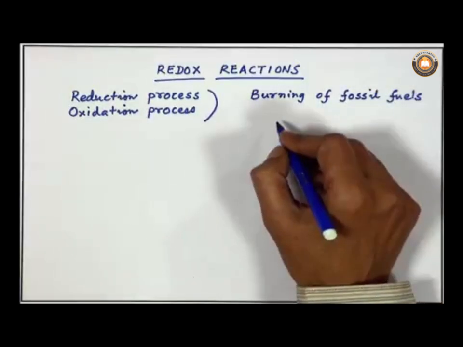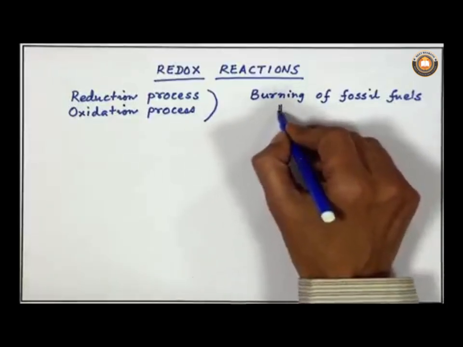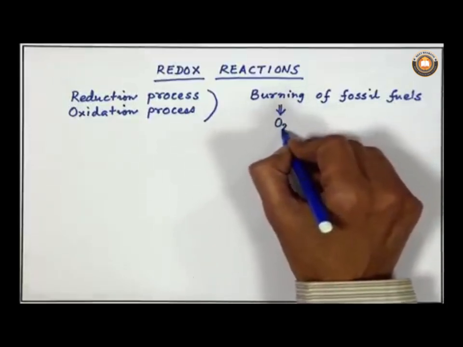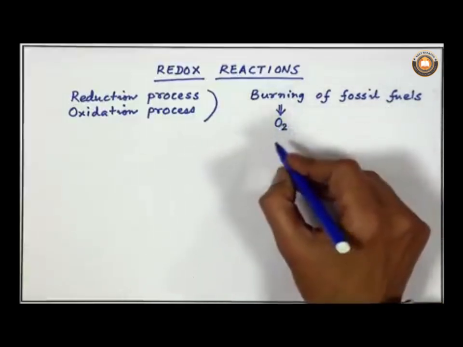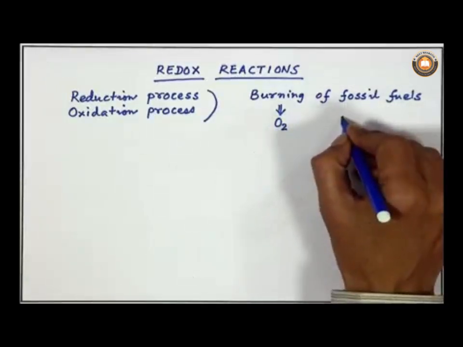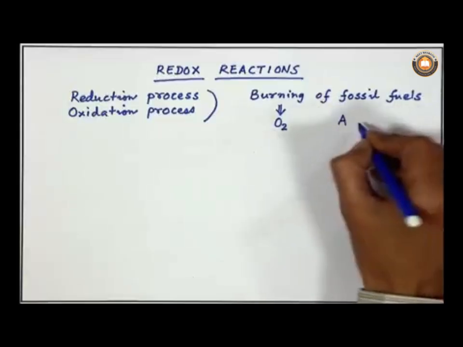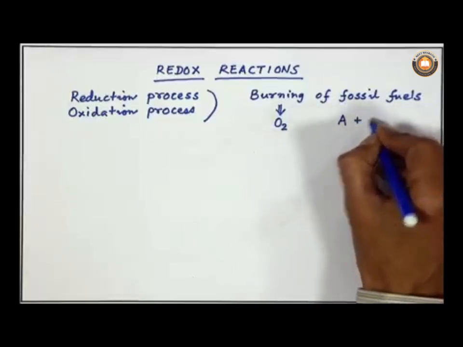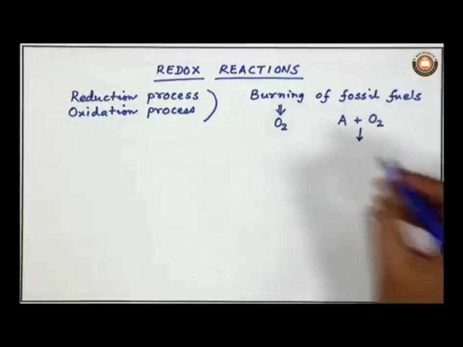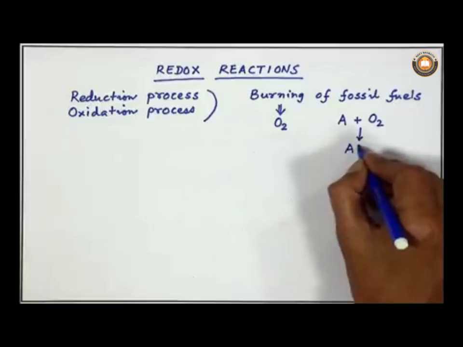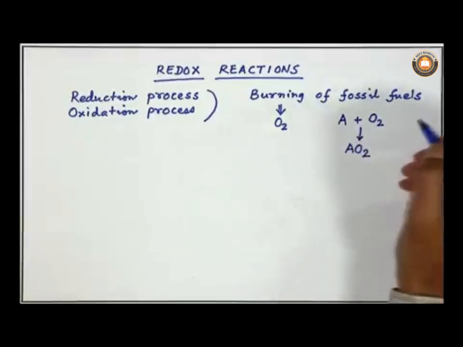So, burning means in presence of oxygen. So, what does it mean? So, that particular type of burning we can consider that some material A is there which can be oxidized in presence of O2 giving rise to AO2.